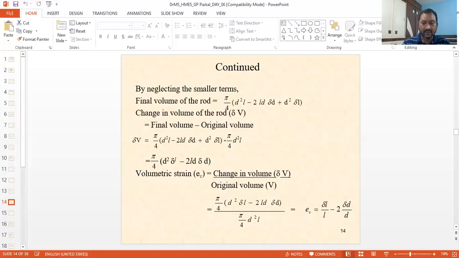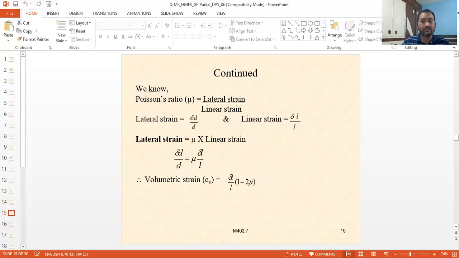Here we know the relation between lateral strain, linear strain and Poisson's ratio. The lateral strain is equal to Poisson's ratio mu into the linear strain.